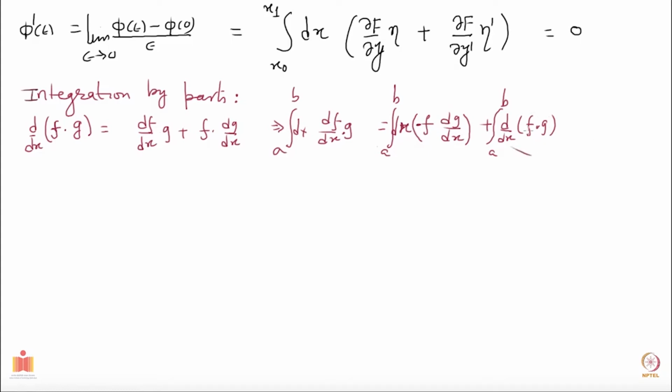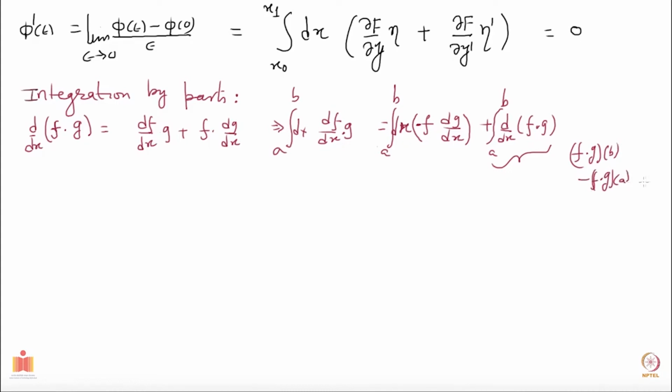And this term is called boundary term because this is equal to what? It's a total derivative, so it will give you f times g evaluated at b minus f times g evaluated at a.